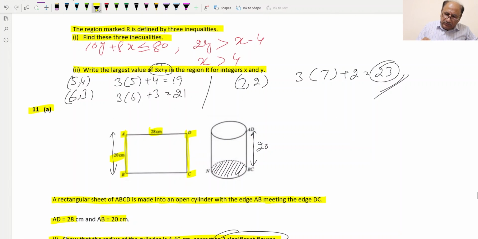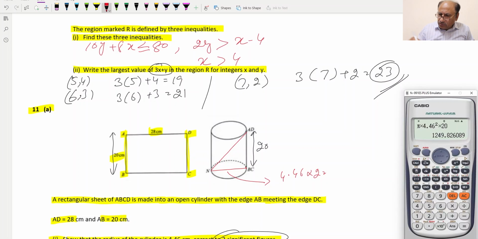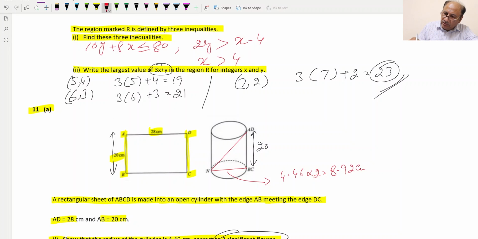So we can draw that triangle first, and N will be this point, and the base will be this one, and we can consider this side is 20, and this side we can take 4.46, which is radius, multiplied by 2, and this will be 8.92 centimeters.